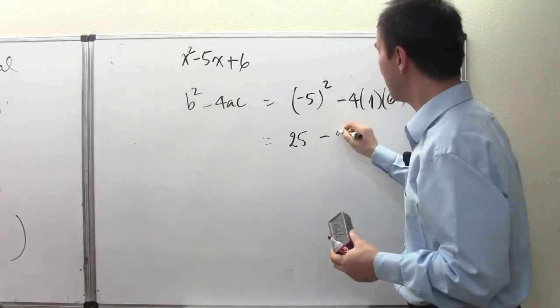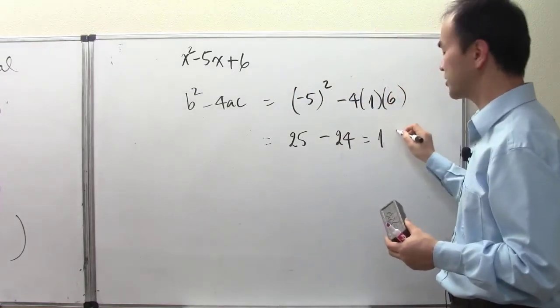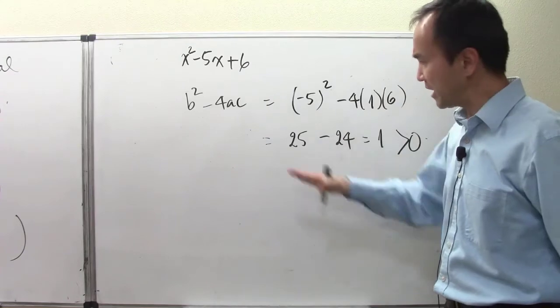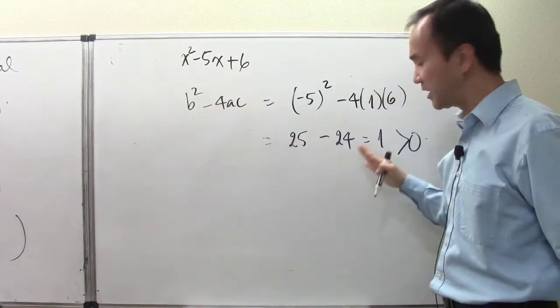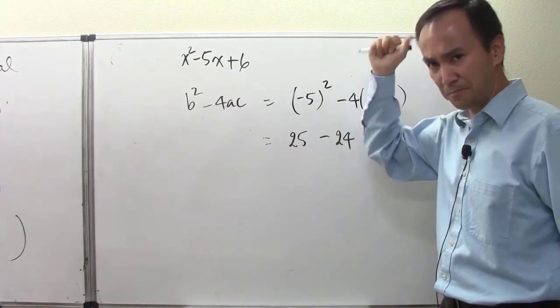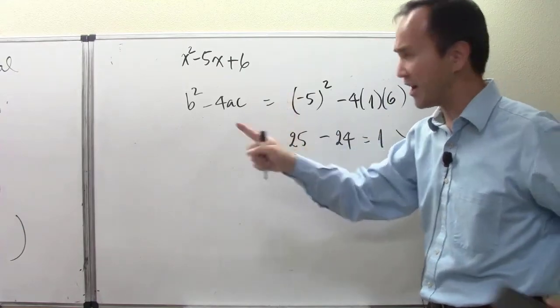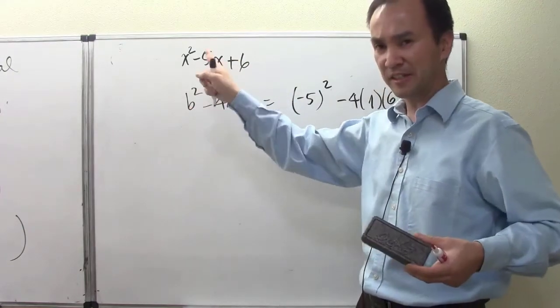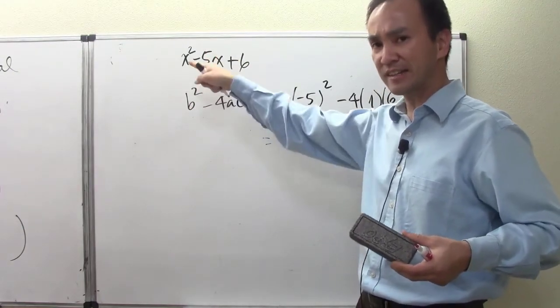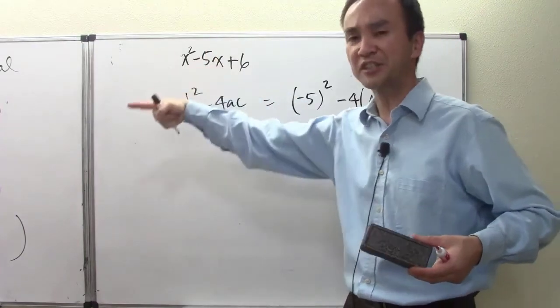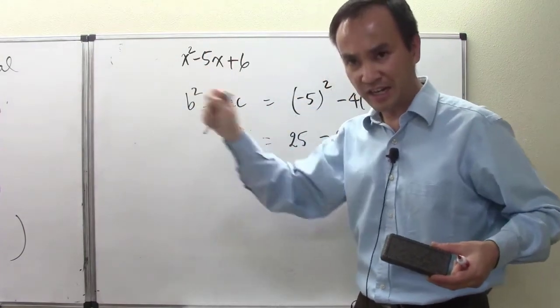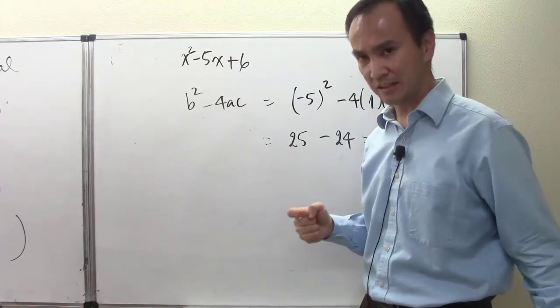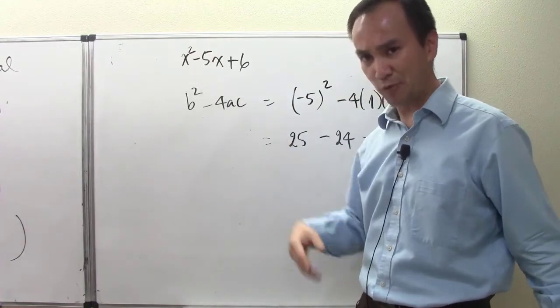So 25 minus 24 is 1, which is greater than 0. So anytime your b squared minus 4ac is greater than or equal to 0, it's a perfect sign for a quadratic to indicate that your current quadratic can be factored further into linear factors. That's what I've been saying the whole time ever since example 8.